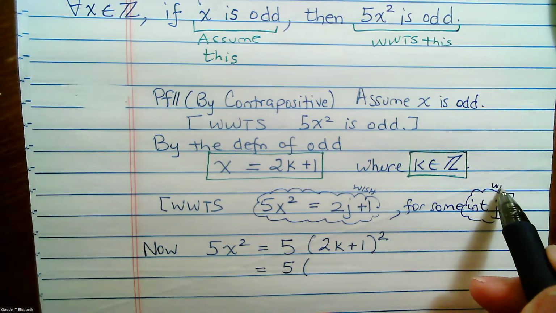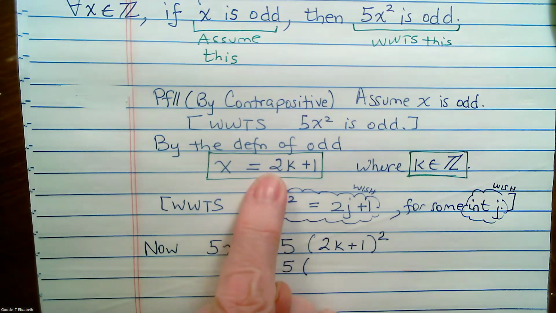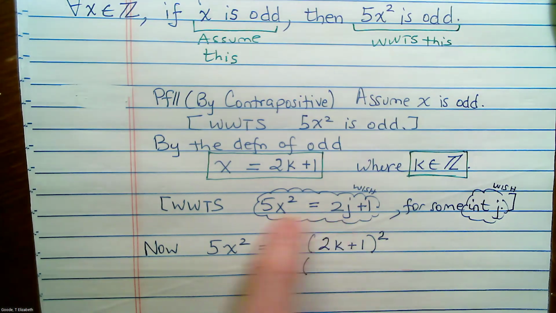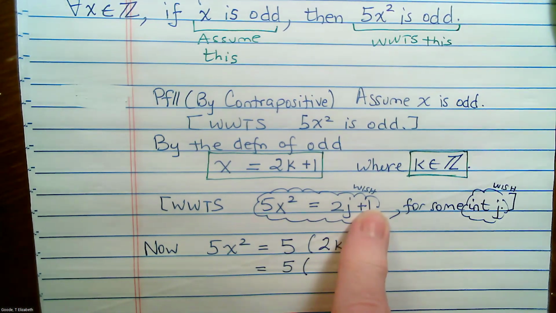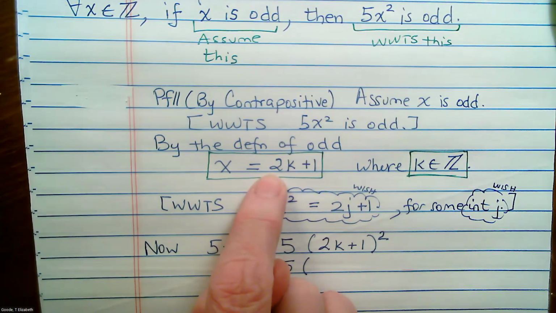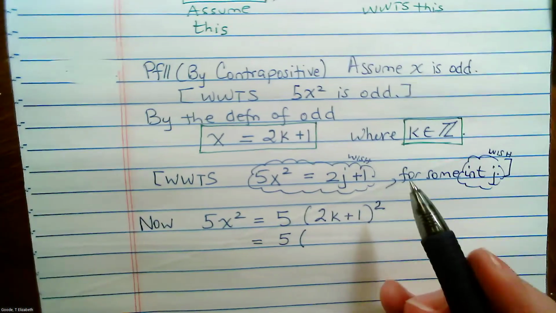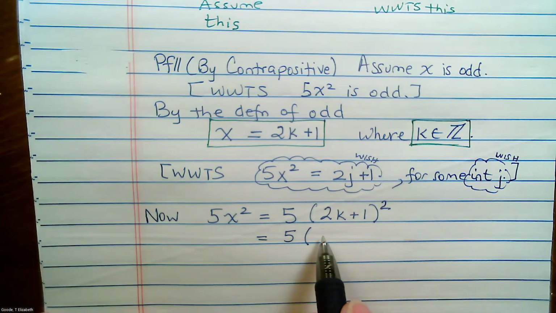See what I mean? There's a difference between what we have in our hand, that x is odd, and what we wish to show. So our job is to show that this happens. We get to use this hypothesis, that x is actually odd. So let's square 2k plus 1. What do we get when we square 2k plus 1?